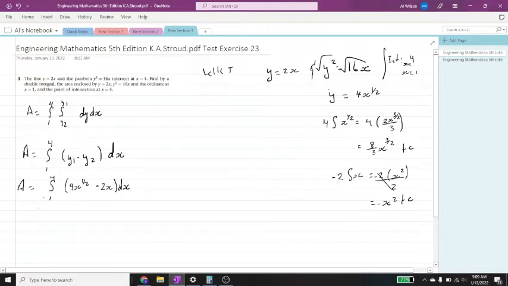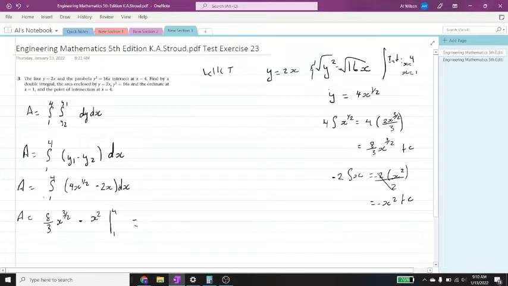Good, so what this tells me is that A is equal to 8 upon 3 of x to the 3 upon 2, subtracting x squared, and our limits will be 1 to 4.